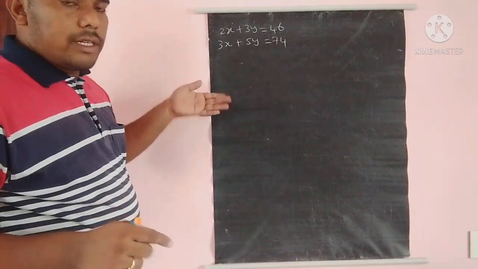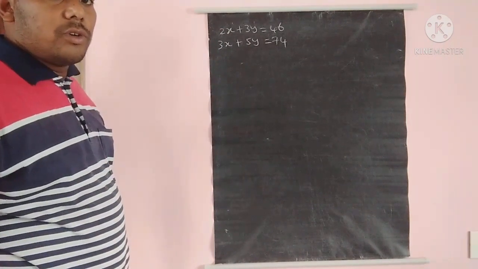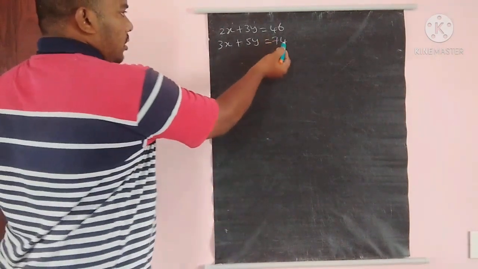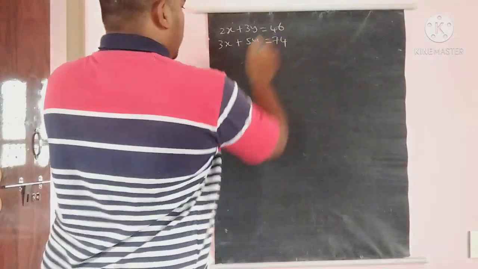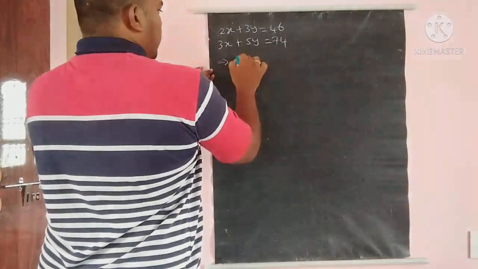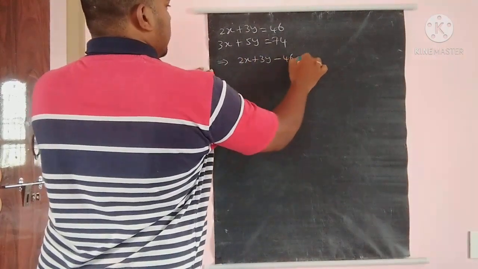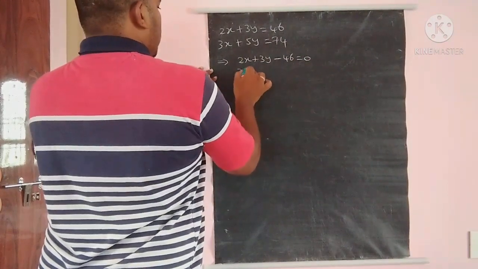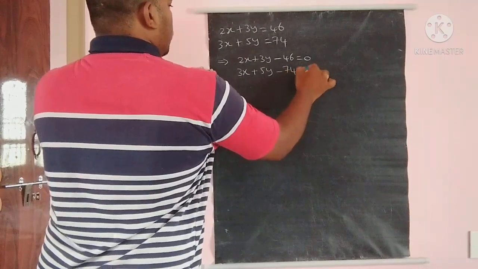So for the pair of equations a1x plus b1y plus c1 equals 0, a2x plus b2y plus c2 equals 0, the constant also should be on the LHS. Now we can write this as 2x plus 3y minus 46 equals 0, and 3x plus 5y minus 74 equals 0.